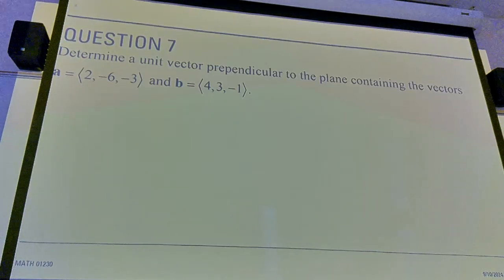Determine a unit vector perpendicular to the plane containing the vectors A and B. So let's say there's our plane. There's two vectors in the plane.